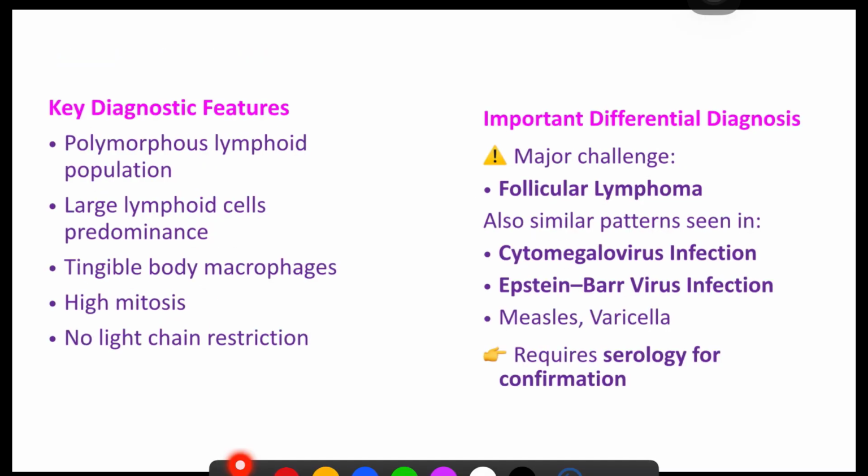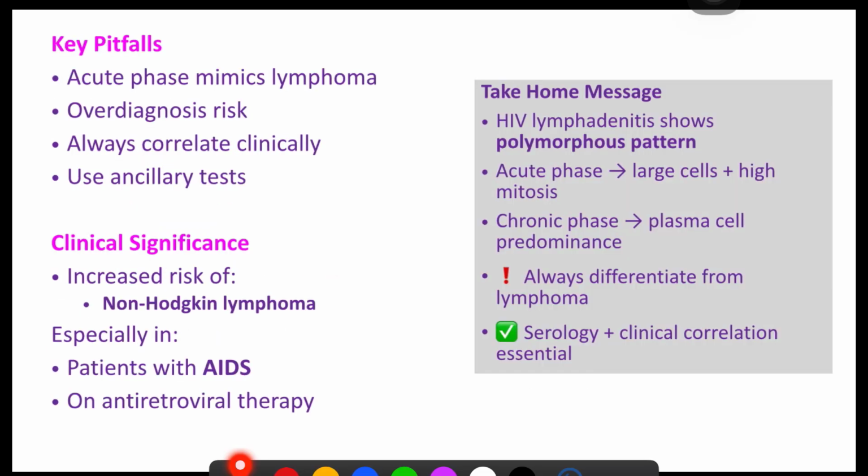Key diagnostic features: polymorphous population, large lymphoid cell predominance, tingible body macrophages, high mitosis, and no light chain restriction. In differential diagnosis, mostly we have to look for follicular lymphoma, and also similar patterns seen in cytomegalovirus, Epstein-Barr virus infection, and other virus infections like measles and varicella. For that we require serology for confirmation.